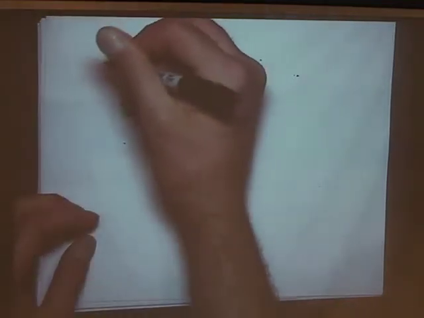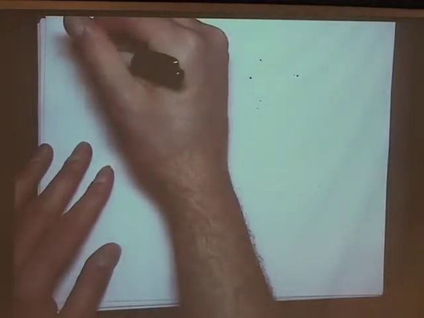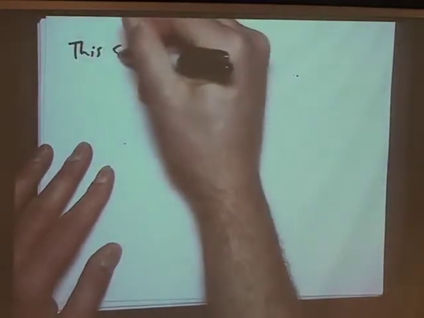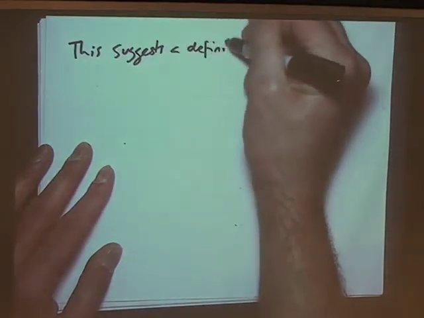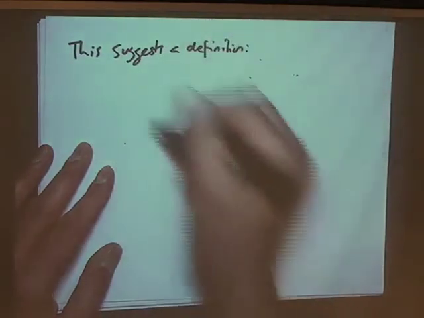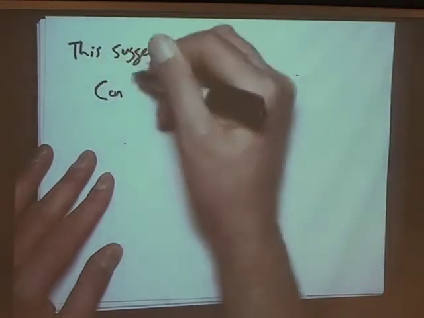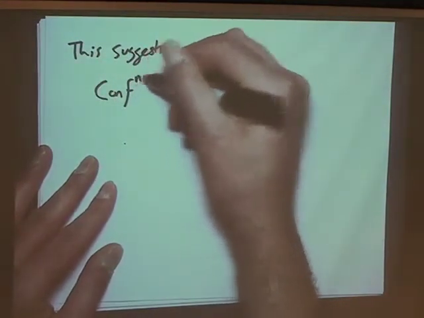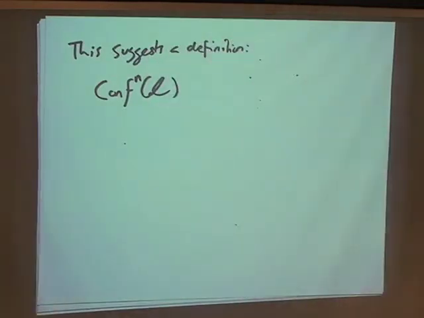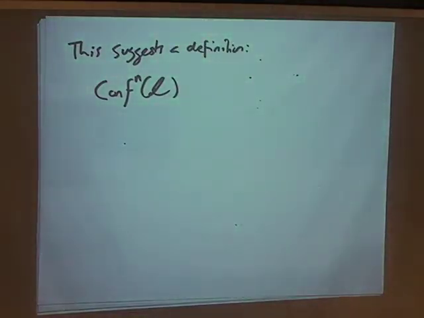Let's define, so this suggests a definition: Conf_n, that's the thing we've seen before, but now I'm going to put Conf_n(L). So this is supposed to be a configuration space with level structure.